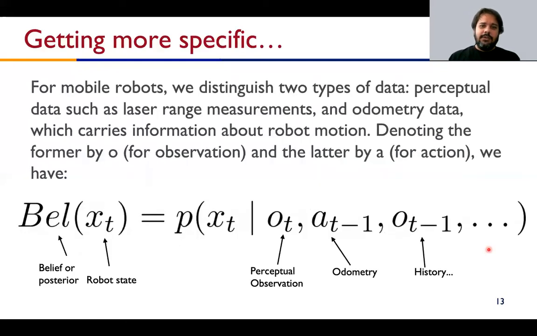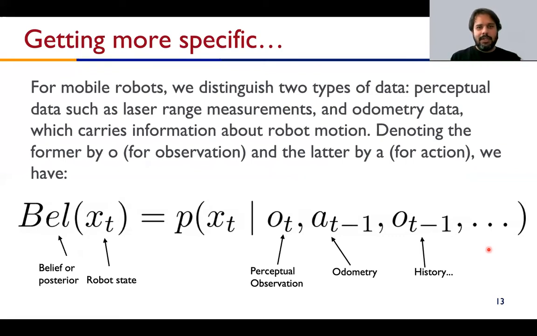Let's begin by looking at the data in the F1tenth car. For mobile robots in general, and that's true for our F1tenth vehicle as well, we can partition the historical data, or data that we are using to estimate the state of our robot, into two broad categories. The first is your perception data, or what is being described as perceptual data in this slide.